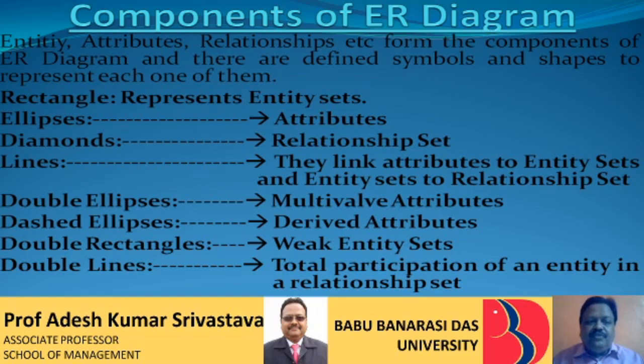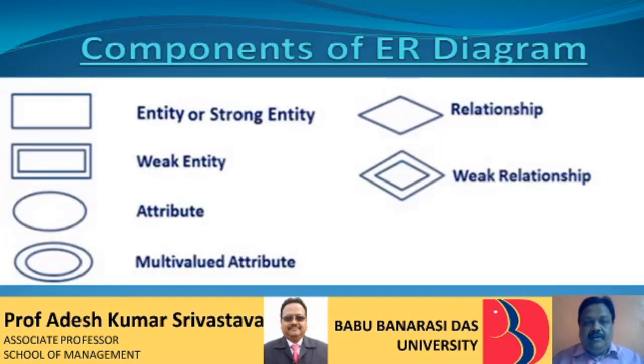Likewise, we use double ellipses to represent multi-value attributes and dashed ellipses to represent derived attributes. Double rectangle to represent weak entity sets. Double lines to represent total participation of an entity in a relationship set. So now we'll be discussing all these shapes one by one in a detailed way.